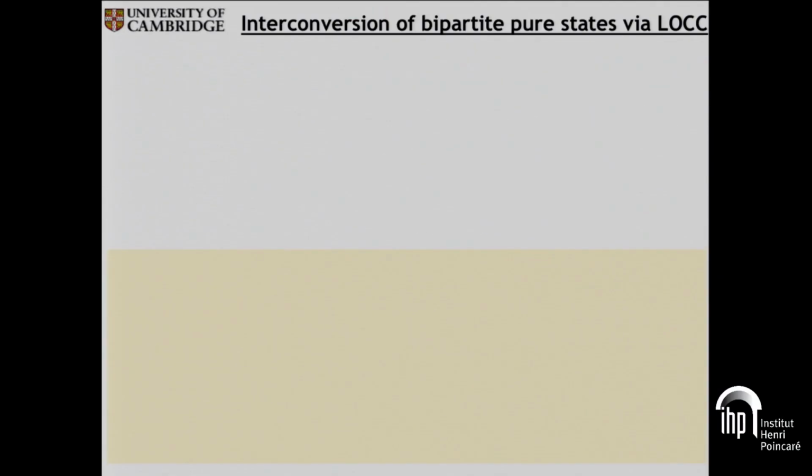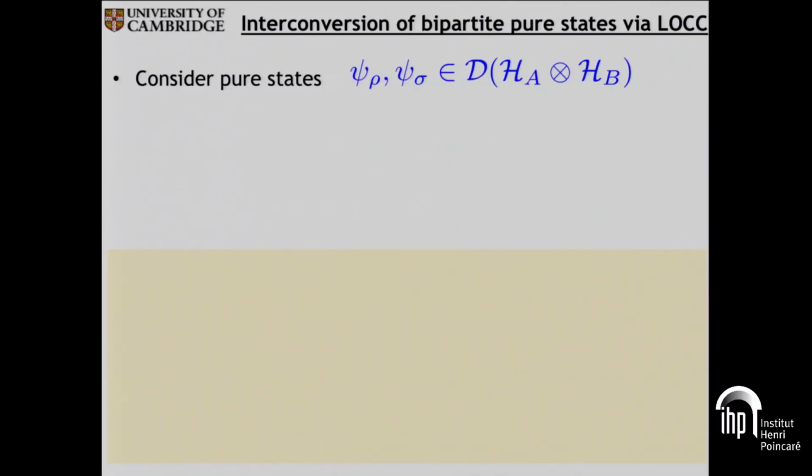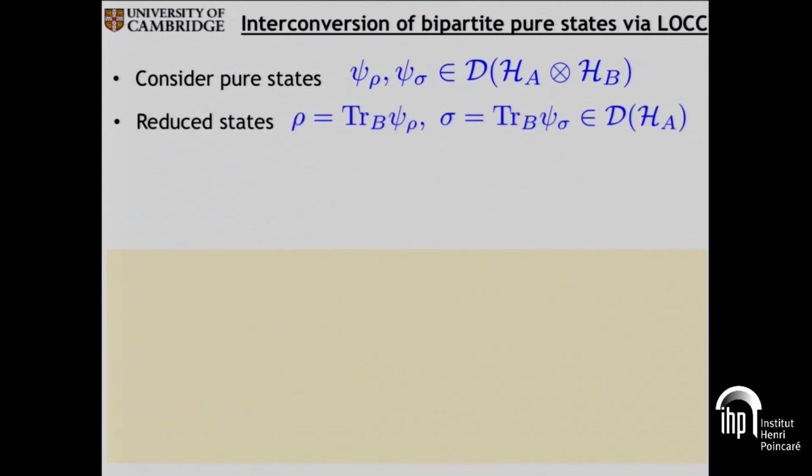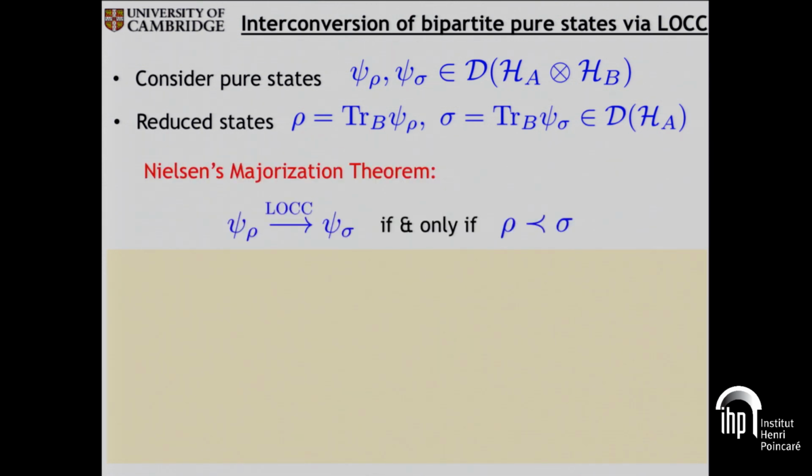But something really interesting, which I'd like to talk about, is approximate LOCC conversions of bipartite pure states. So, consider bipartite pure states psi rho and psi sigma, okay? And these are the reduced states, rho and sigma. And we know Nielsen's majorization theorem. It tells us that you can convert psi rho to psi sigma via LOCC if and only if rho is majorized by sigma. Now, what happens if rho is not majorized by sigma?